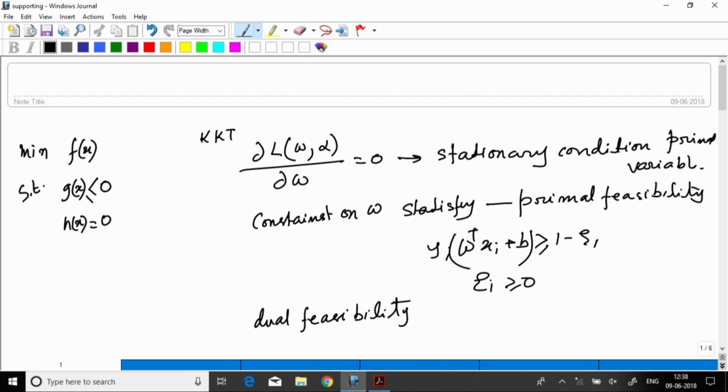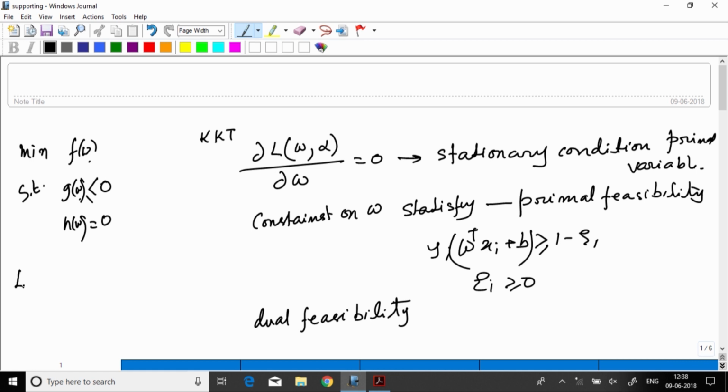So this is our primal optimization problem. Maybe I should write W everywhere here. How will we define the Lagrangian function for this optimization problem?